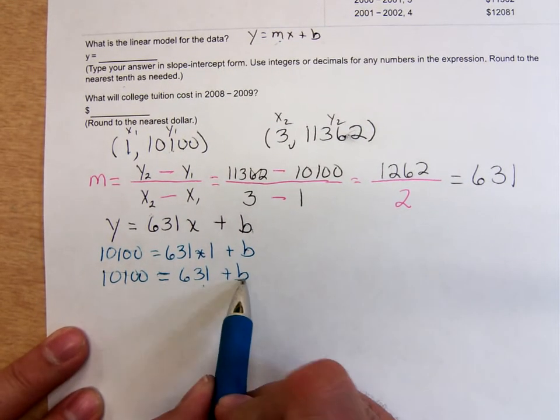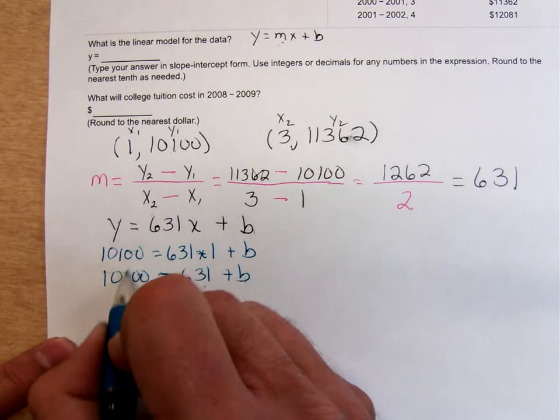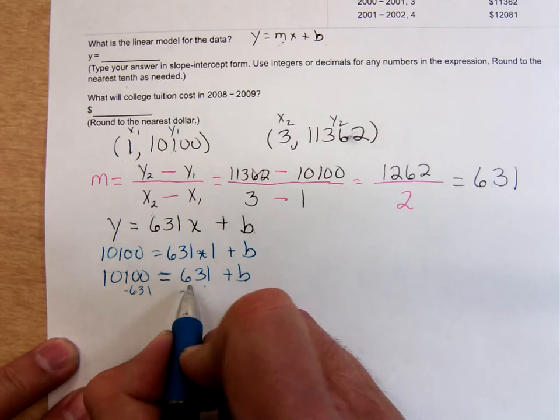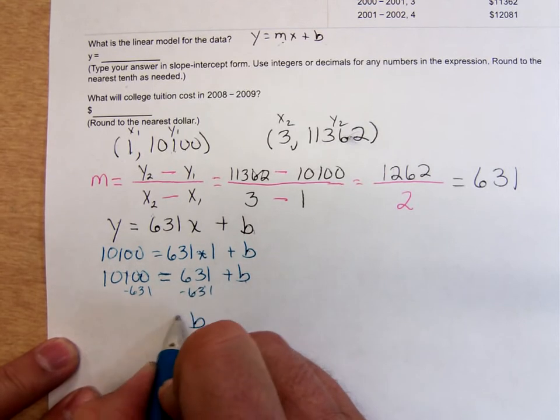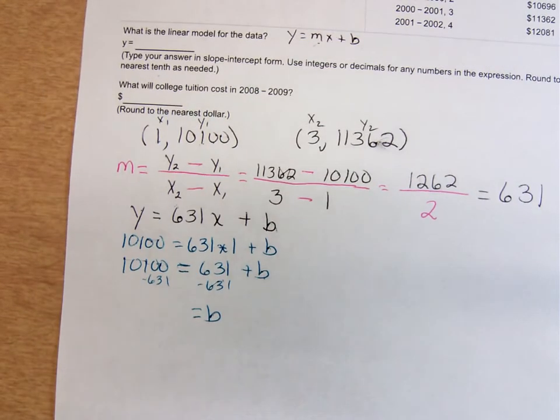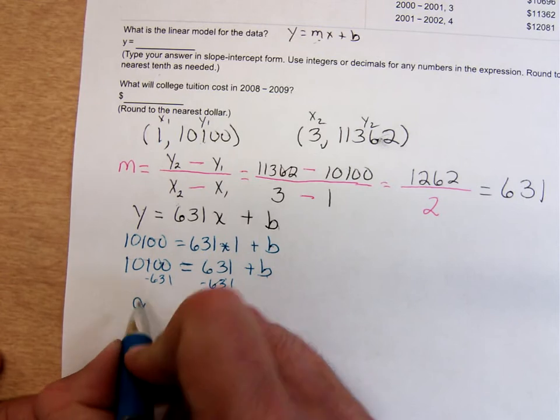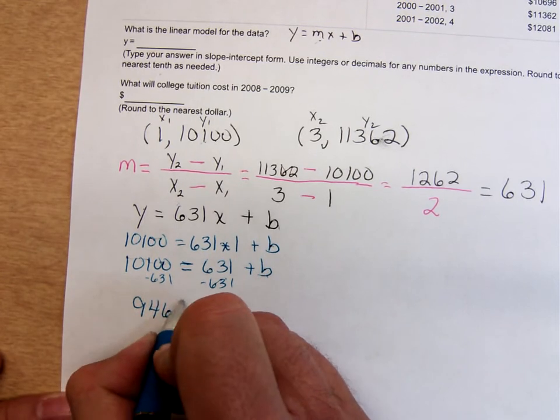So to solve for b, I would just subtract 631 from both sides. And so we have 10,100 minus 631, punching that into my calculator, 9,469.